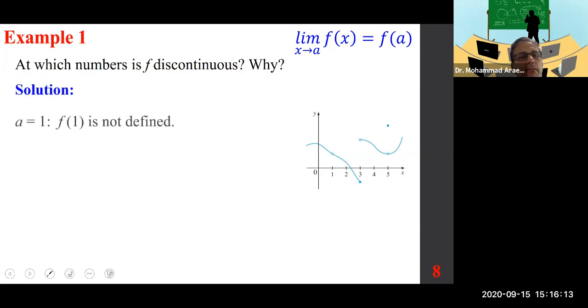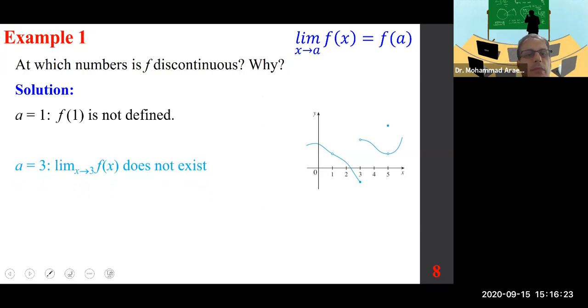So at a equals 1, or x equals 1, f of 1 is not defined. In the case of x equals 3, the limit doesn't exist, okay? Because the limit from the left and right are two different values. At a equals 5, we have a problem.